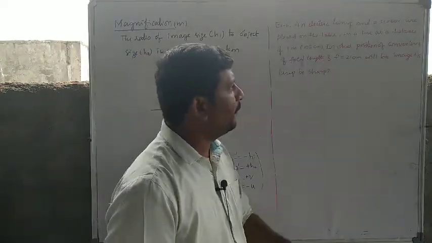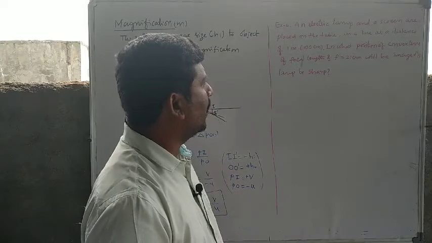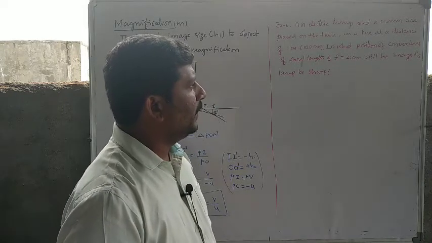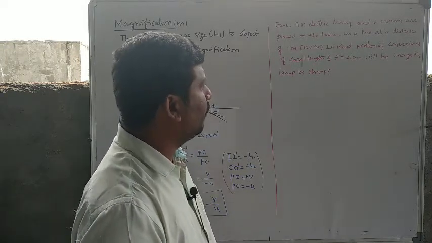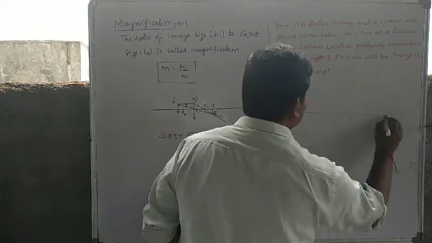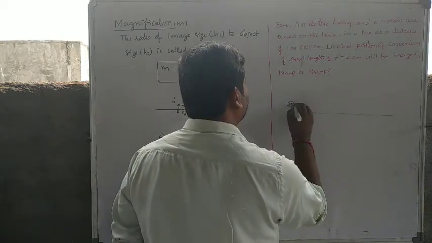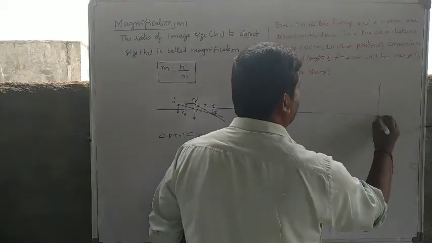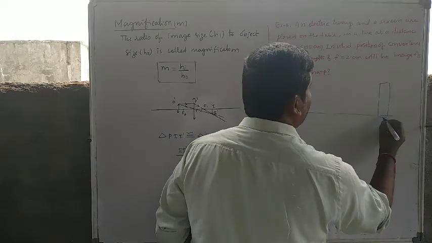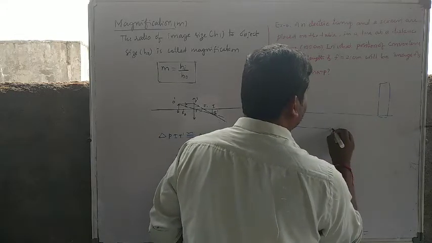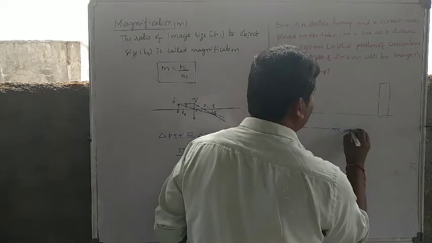An electric lamp and a screen are placed on the table in a line at a distance of 1 meter. So here is an electric lamp and this is the screen, placed at 1 meter distance, that is 100 centimeters.